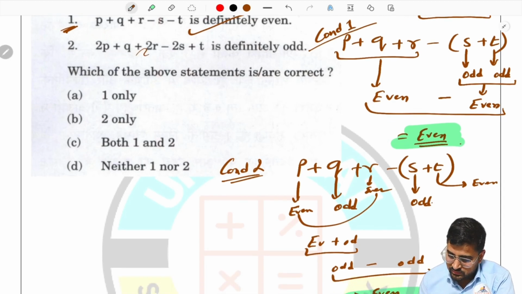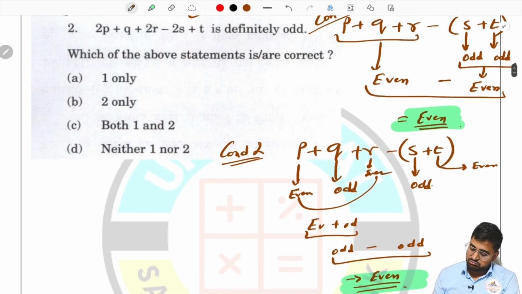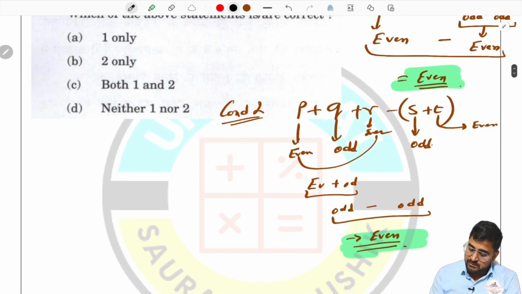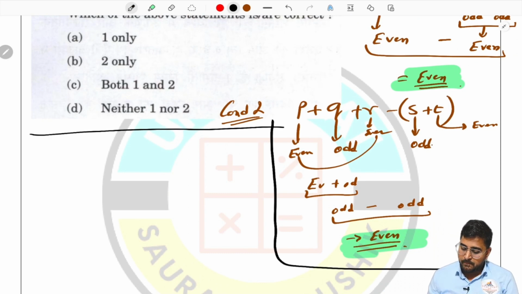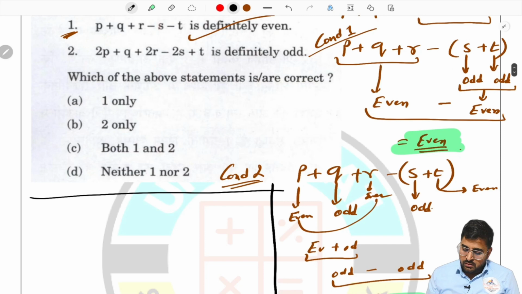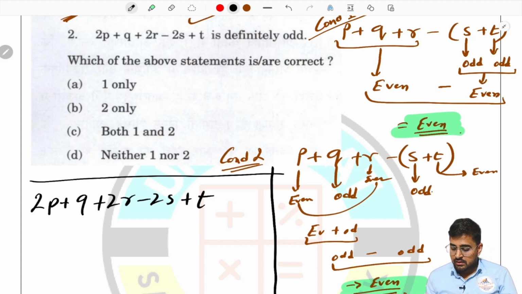2p plus q plus 2r minus 2s plus t is definitely odd. Okay, there are many 2's. What the statement says: 2p plus q plus 2r minus 2s plus t is definitely odd.